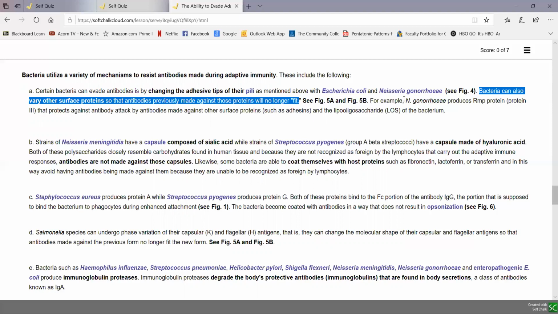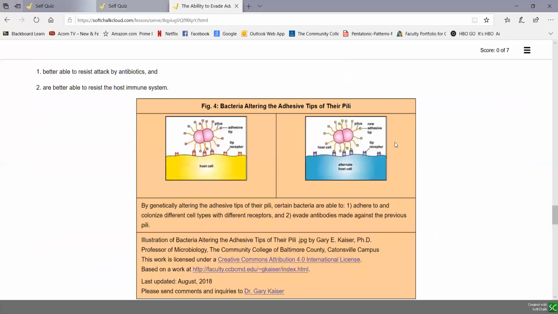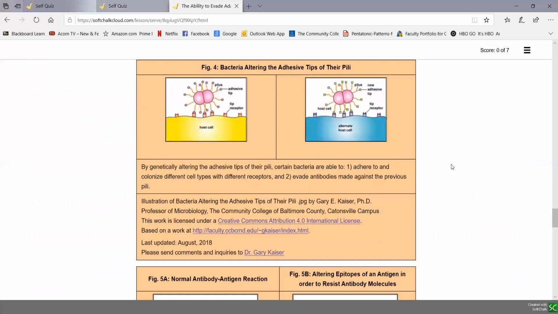And again, it often takes 5 to 10 days to make protective levels of antibodies. Figures 5A and 5B illustrate this down here, as do figures 4. So again, here we've seen that bacteria can make different shape adhesive tips that allow it to adhere to different cell types.